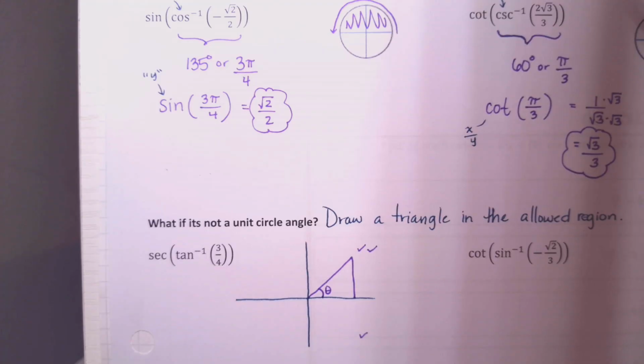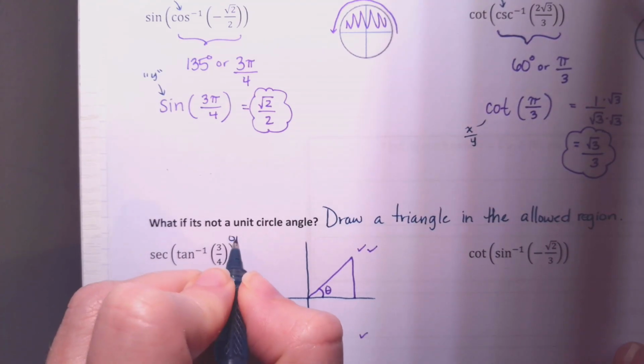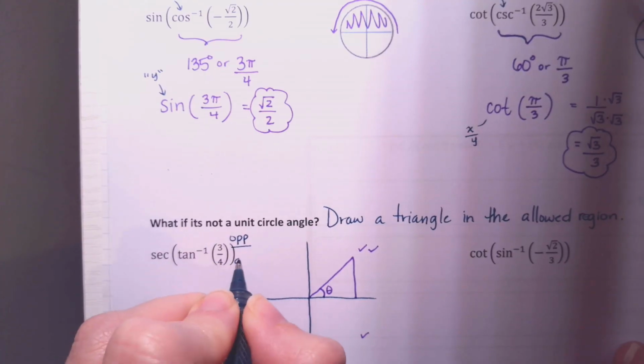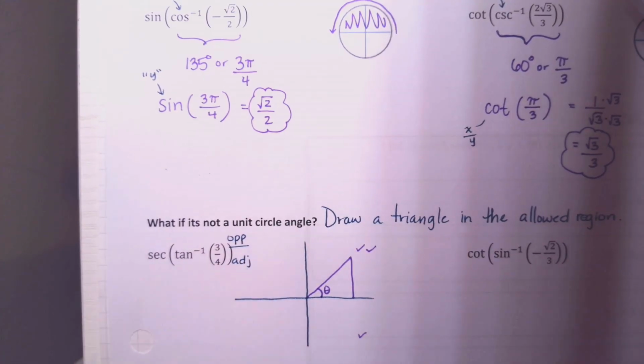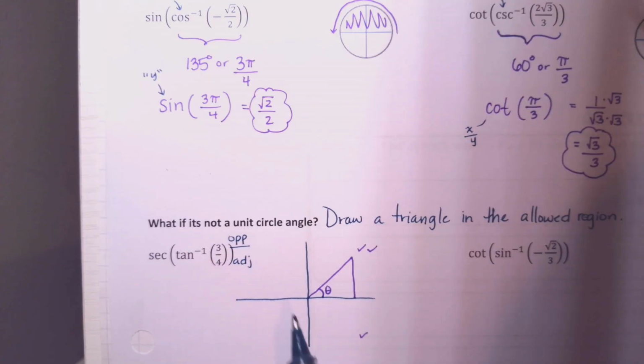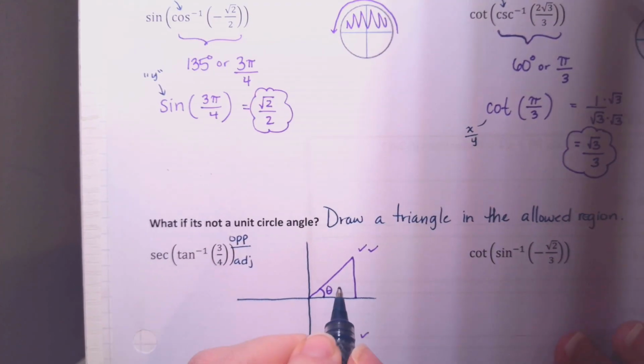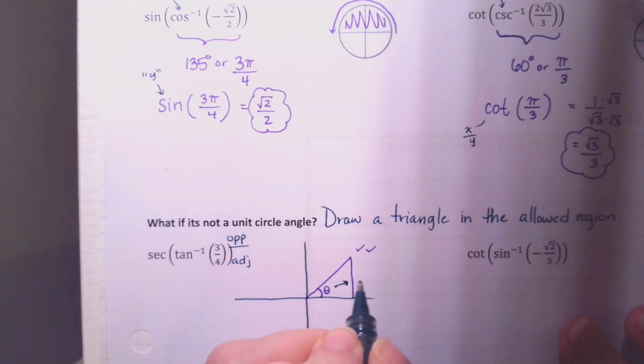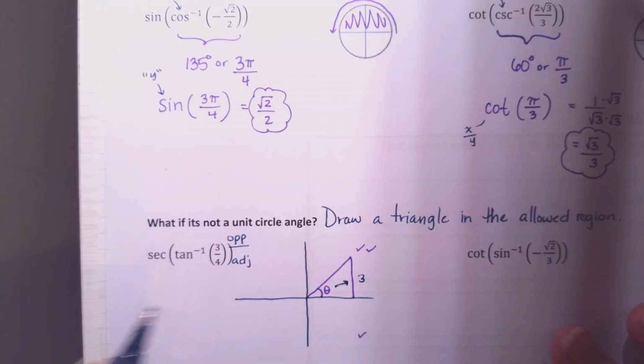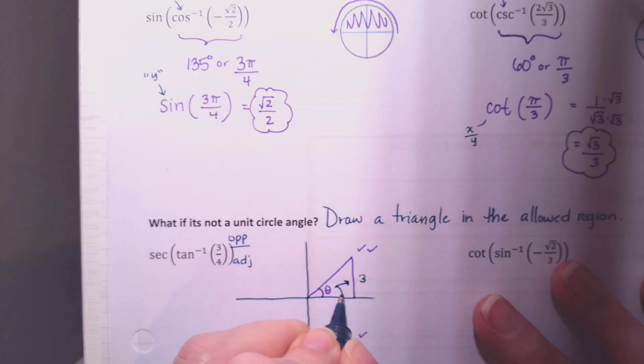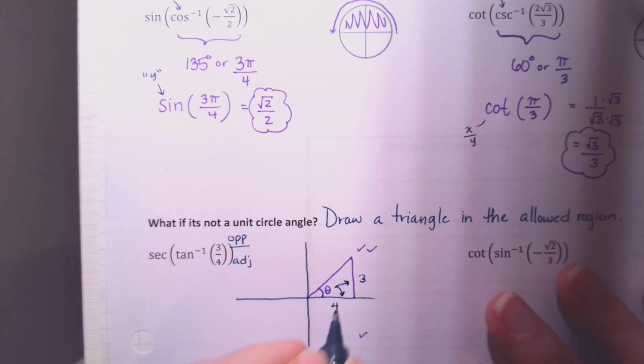Sine is opposite over hypotenuse, cosine is adjacent over hypotenuse, and tangent is opposite over adjacent, which is telling me some side lengths for this angle. So for this angle, I know that the side opposite from it measures 3, and the side adjacent to the angle measures 4.